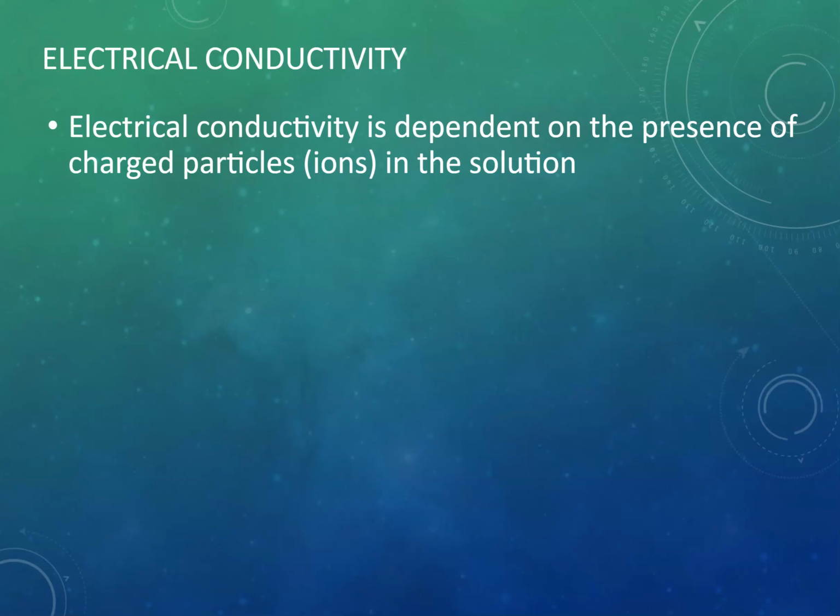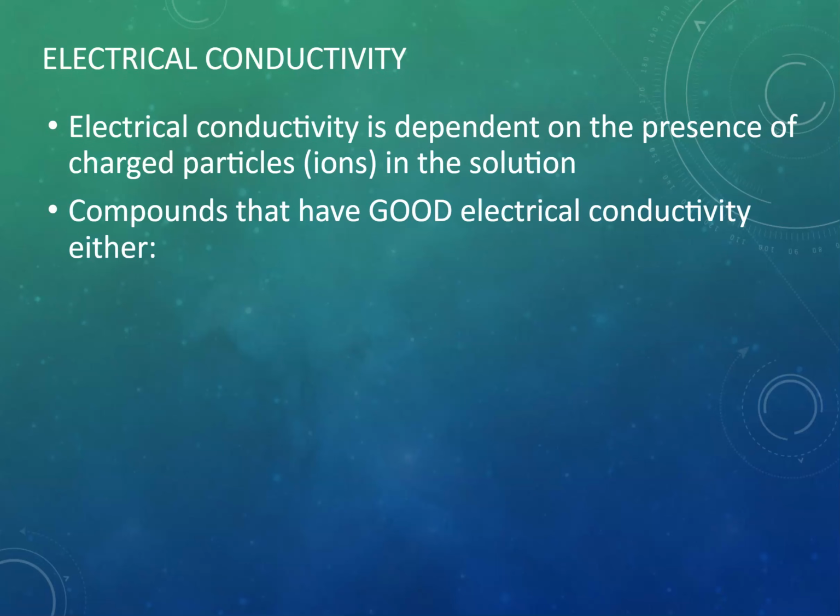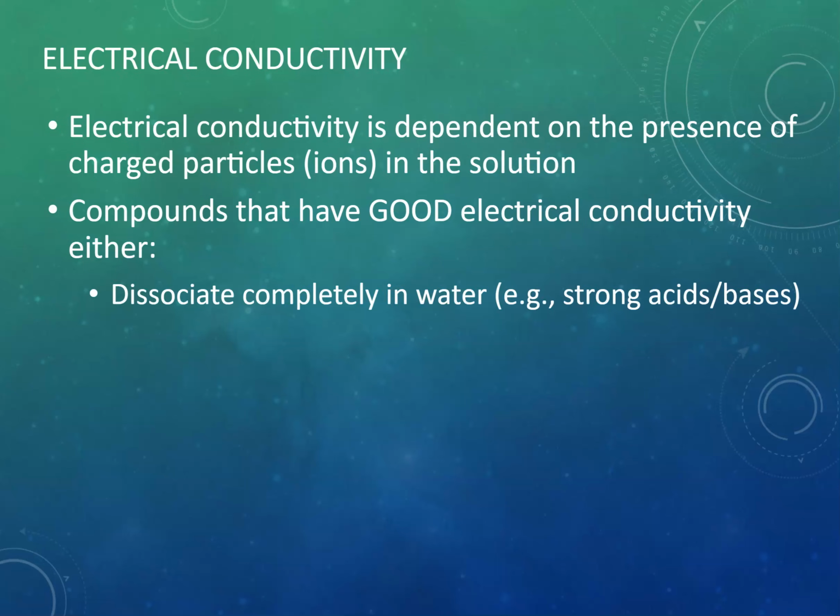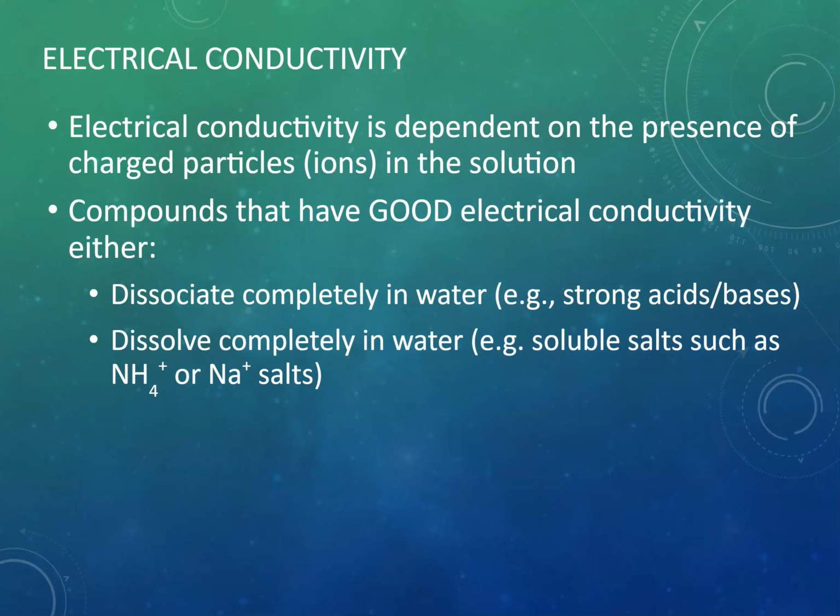So electrical conductivity depends on the presence of charged particles in the solution, and the more charged particles that you have, the greater the conductivity will be. So compounds that have good electrical conductivity are going to be ones that completely dissociate in water, such as strong acids or bases, or completely dissolve in water.